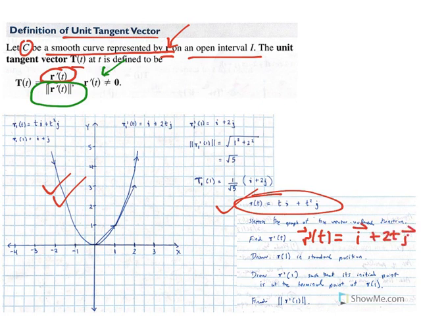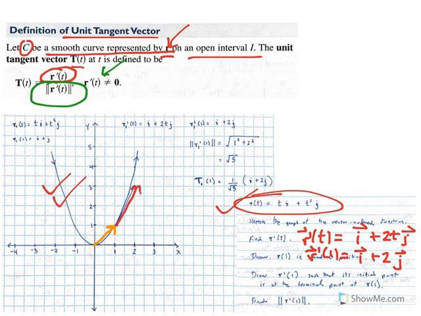And we drew r of 1 in standard position, so that was this vector here. Then we drew r prime of 1, which is 1i plus 2j, such that its initial point is at the terminal point of r of 1, and that was right here.